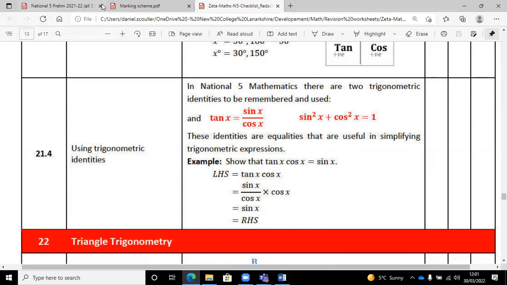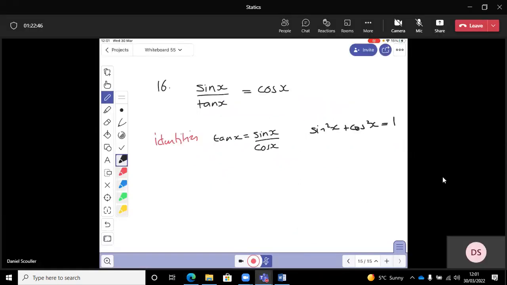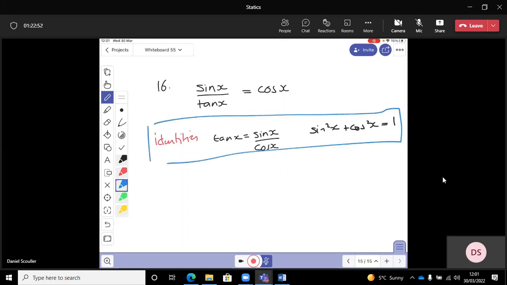Okay, so question, considering the left hand side, we are going to use one of our identities on the left hand side and then cancel it out and tidy it up to be left with this cos x, to finish up with the right hand side.